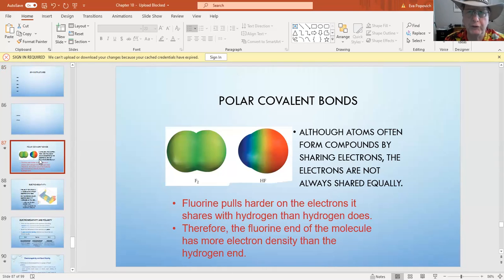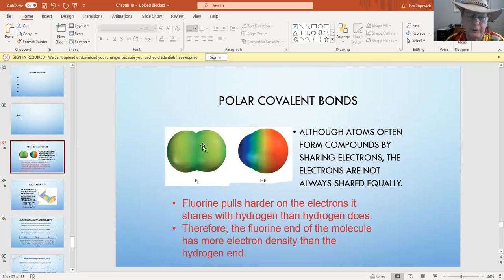Ionic bonds, where the electron completely gets stolen by one of the other atoms. Covalent, where the electrons are equally shared. And then you have something called polar covalent bonds.